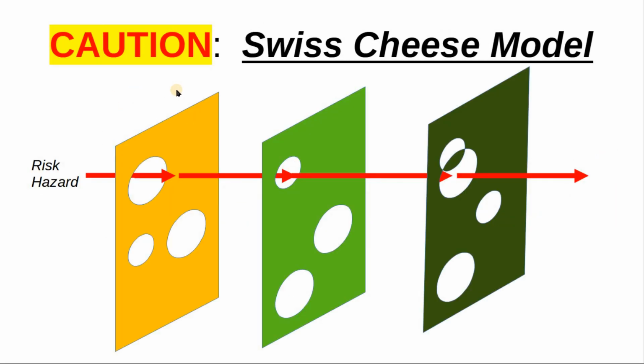So you have to be careful, not only in this type of drawing, but in all your designs, of something called the Swiss cheese model. Assume there is a risk or hazard not addressed by the vendor drawing or installation manual, and it's not addressed by the company or the client internal scope.